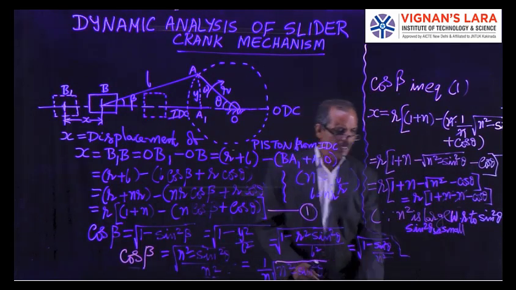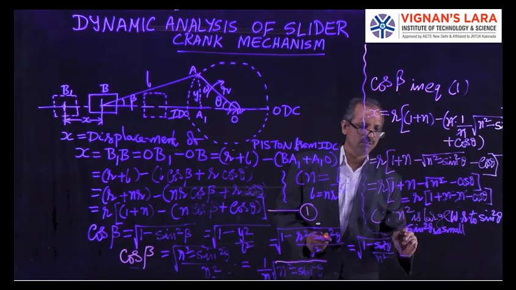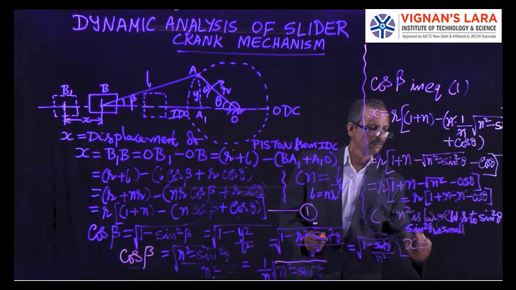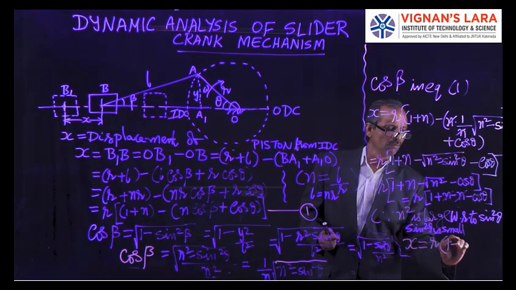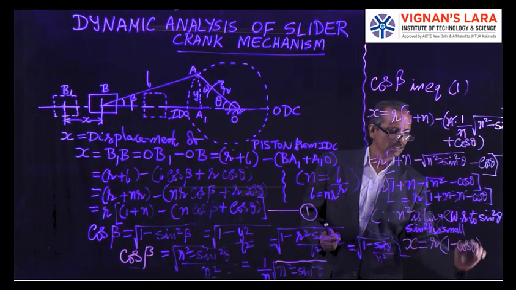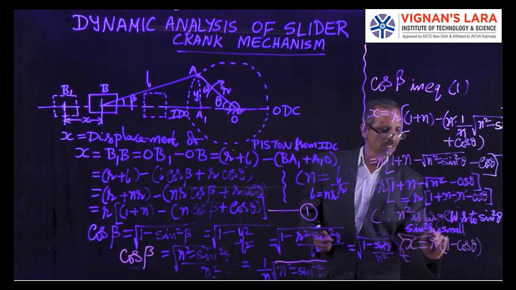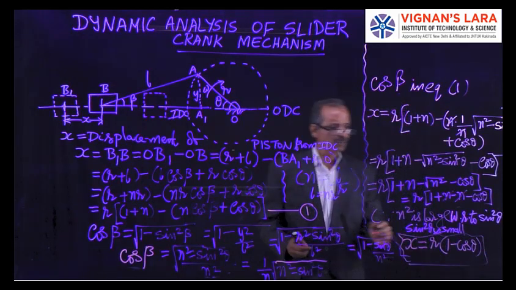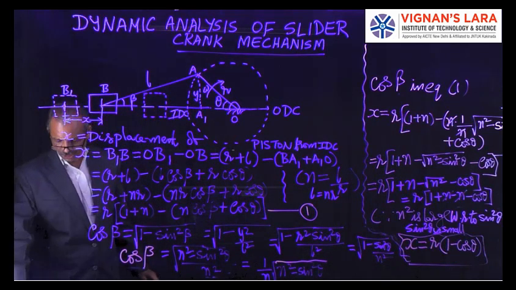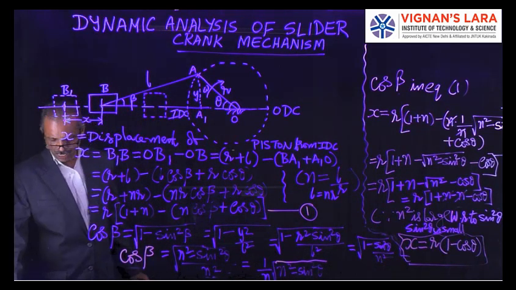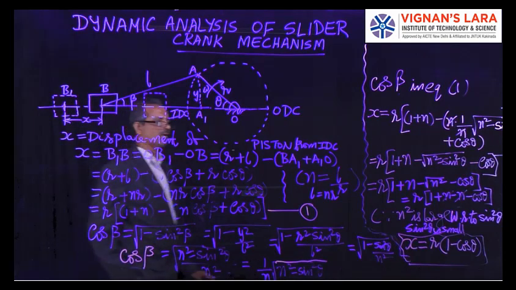Finally, I get x is equal to r into 1 minus cos theta. This is the displacement equation. x is equal to r into 1 minus cos theta.